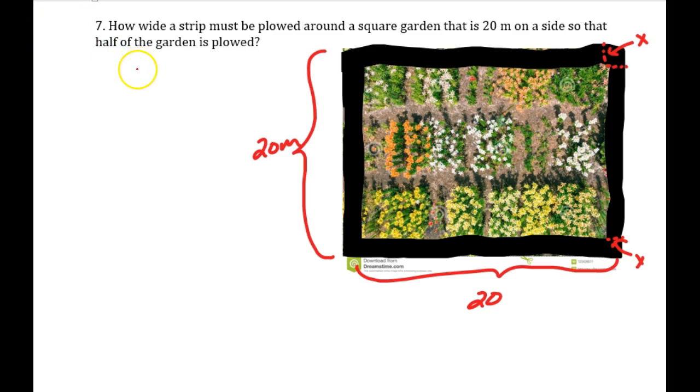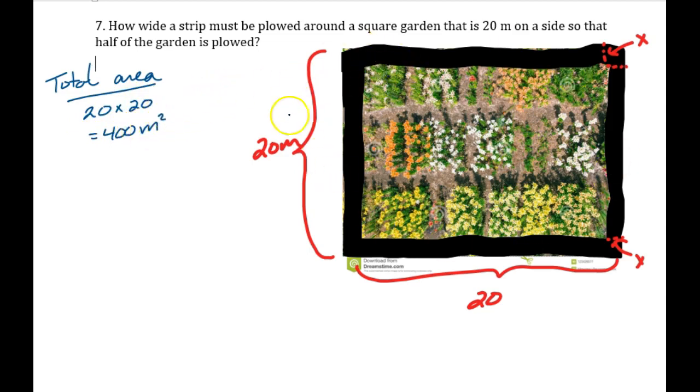So how do you find out how wide the strip has got to be? Well, let's look at what you know. You know that your total area, well, that's got to be 20 by 20, or 400 meters square.